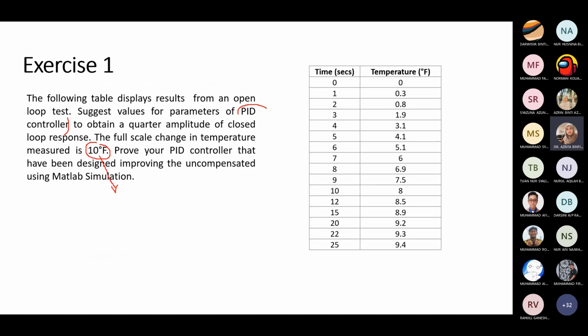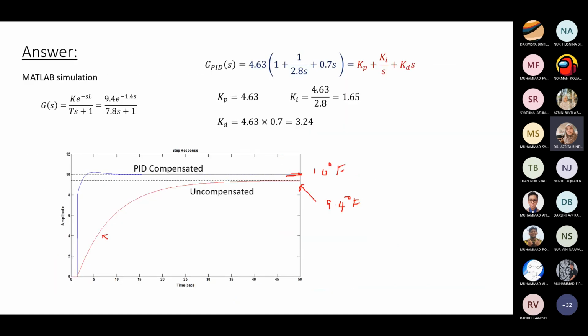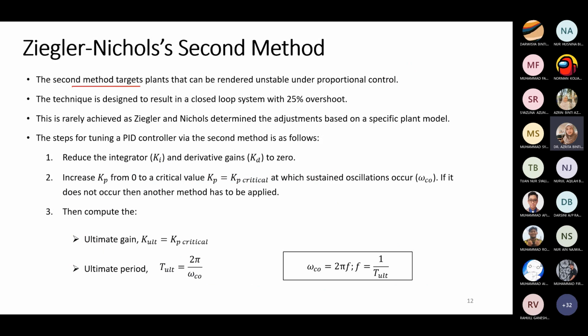For the second method here, we target plants or systems that can be rendered unstable under proportional control. That means the plant can be operated unstable under proportional gain. Proportional controller refers to the K gain controller actually.